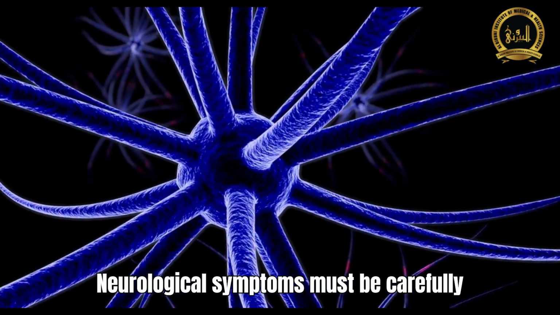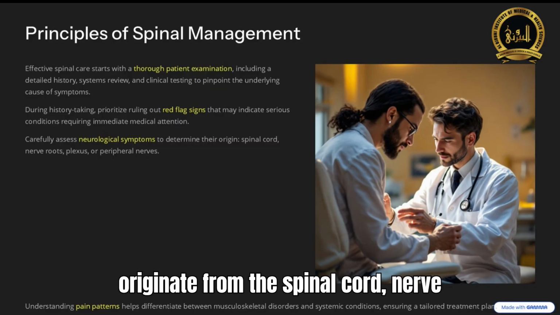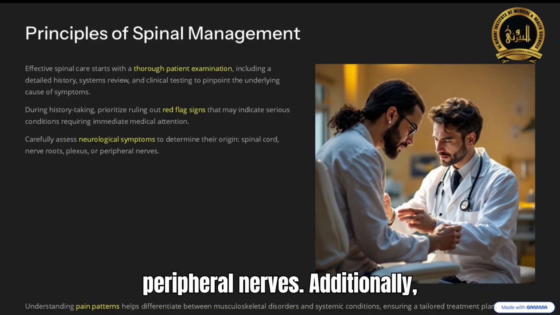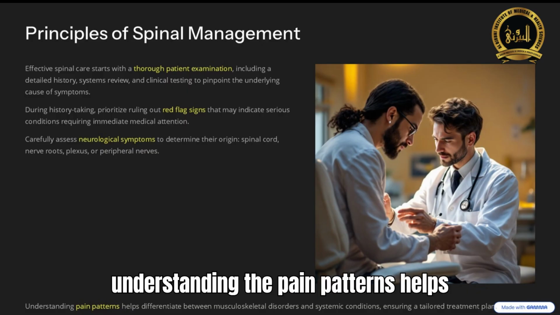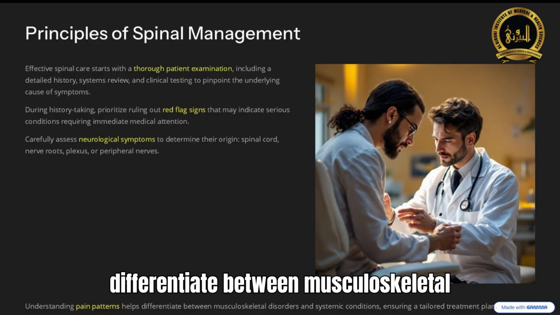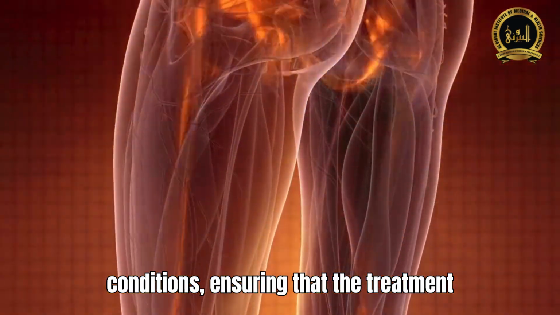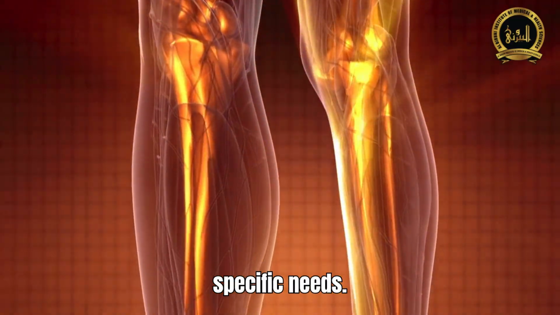Neurological symptoms must be carefully assessed to determine whether they originate from the spinal cord, nerve roots, spinal nerves, plexus, or peripheral nerves. Additionally, understanding the pain patterns helps differentiate between musculoskeletal disorders and other systemic medical conditions, ensuring that the treatment plan is tailored to the patient's specific needs.